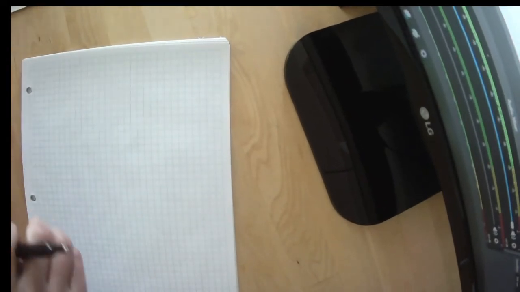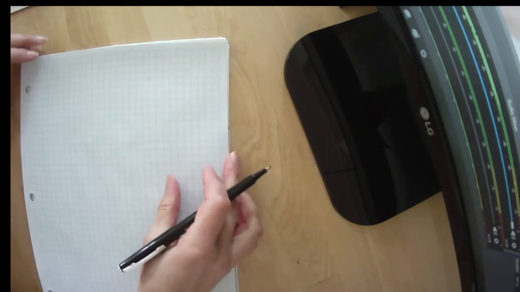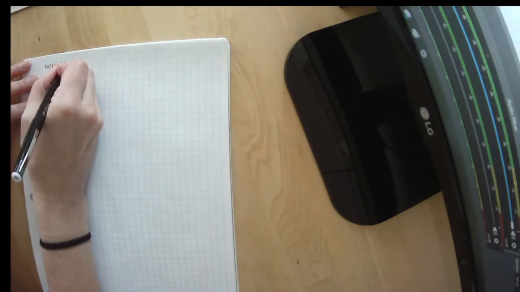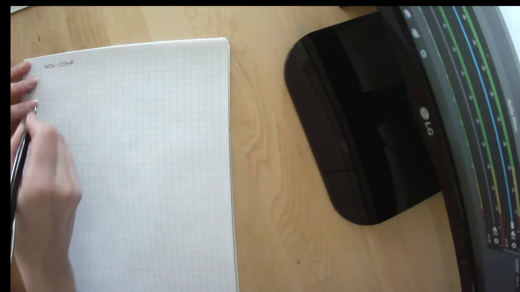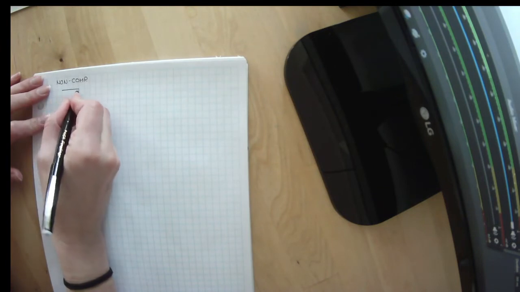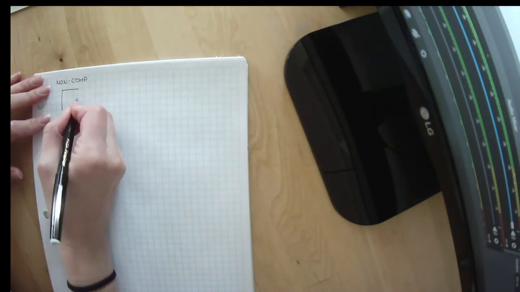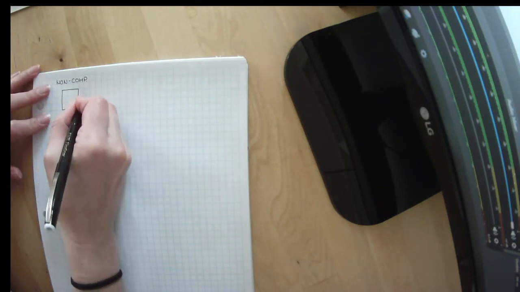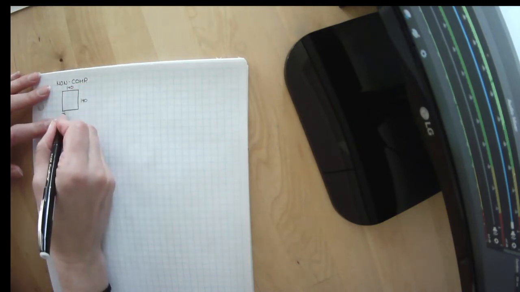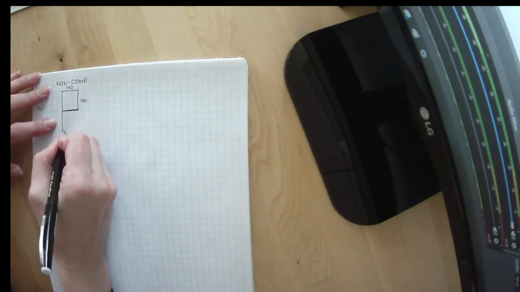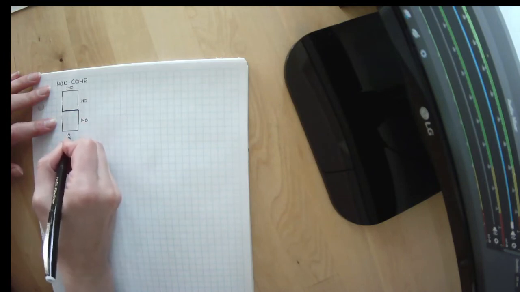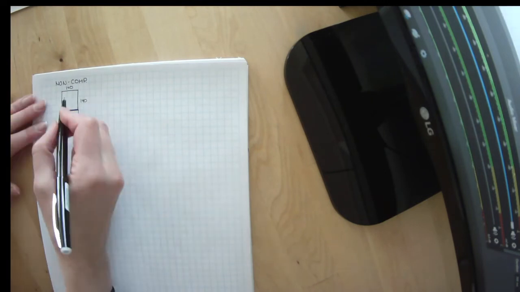Let's draw out what we've got here. Let's draw out our non-composite. We have a 140 by 140 sitting on top of a 140 by 140.